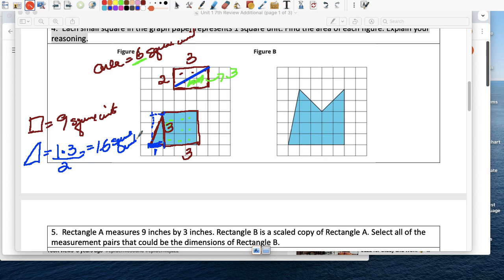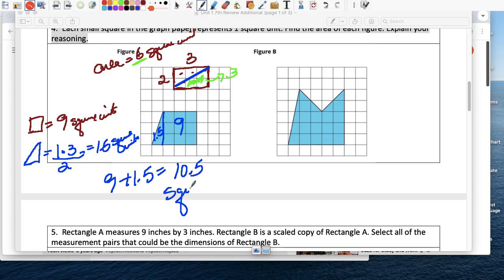But that still doesn't answer our question. Our question is, what's the total area? The total area of this shape is the 9 from the square and the 1.5 from the triangle. So 9 plus 1.5, the area of this composite figure is 10.5 square units.